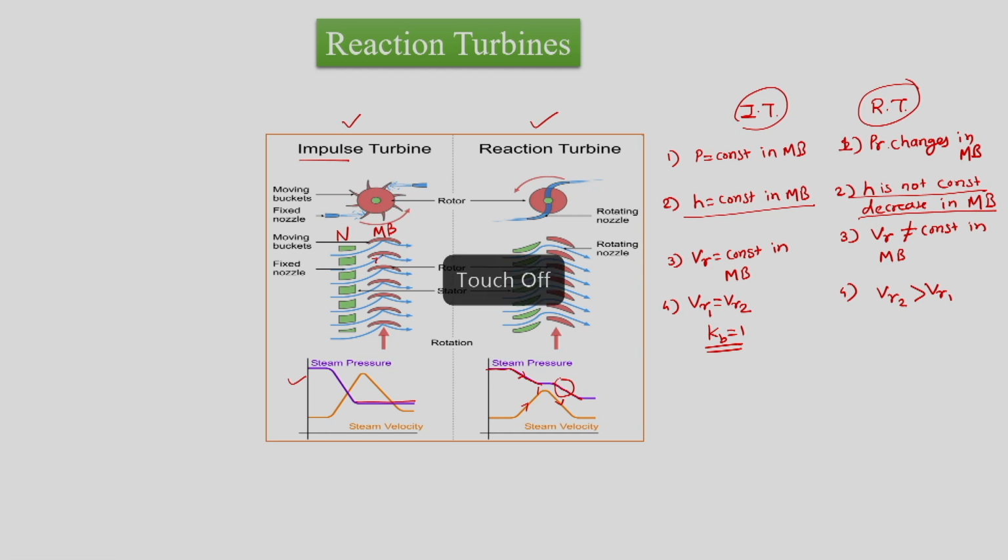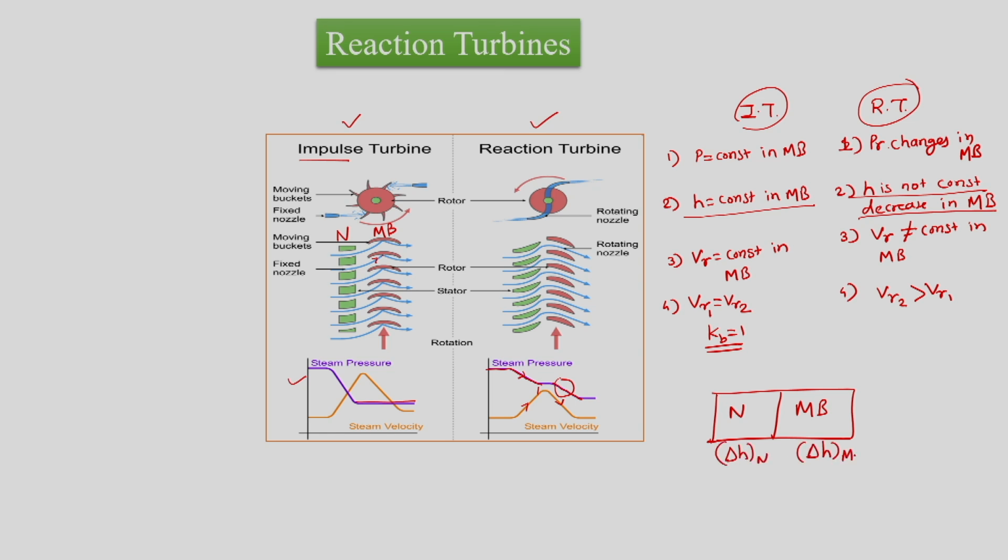In a reaction turbine we have a nozzle and moving blades. So there is a delta H in the nozzle and then there is a delta H in the moving blades. So there is a total delta H in a stage. This is what happens in a reaction turbine.